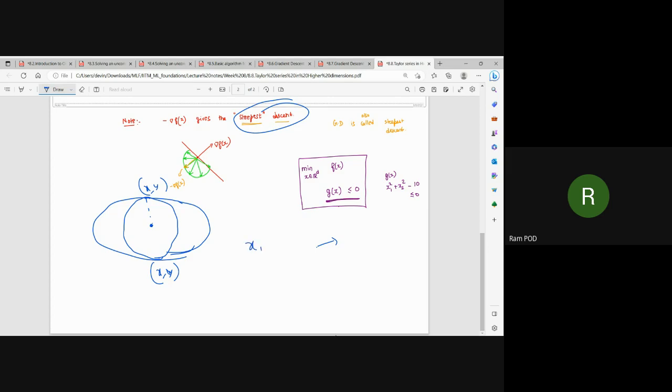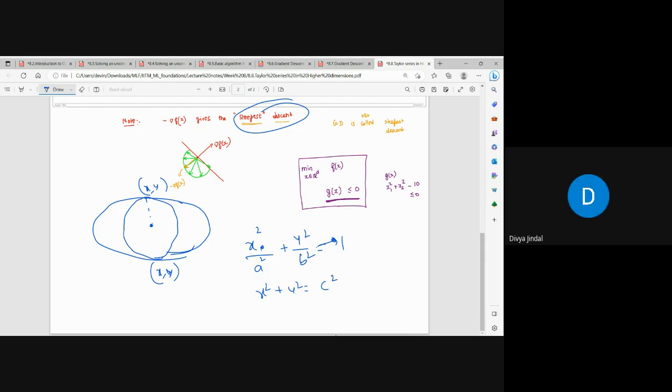What's going to be the equation of the ellipse? x square by a square plus y square by b square should be equal to 1, right? And then the equation for the circle is going to be x square plus y square equal to some constant square.